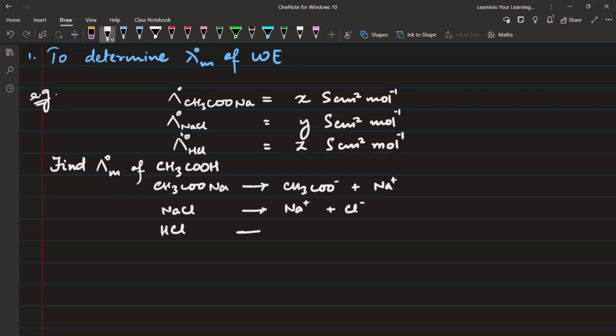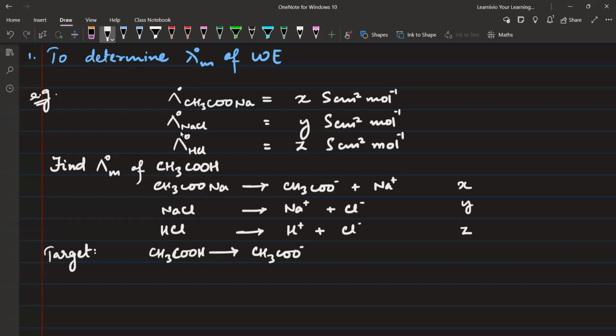HCl is going to get dissociated as H positive and Cl negative. Fine. So these are the given data. For this, you have X, this is Y, and this is Z. Now you have a target. What is the target? That CH3COOH is going to get dissociated as CH3COO negative plus H positive.